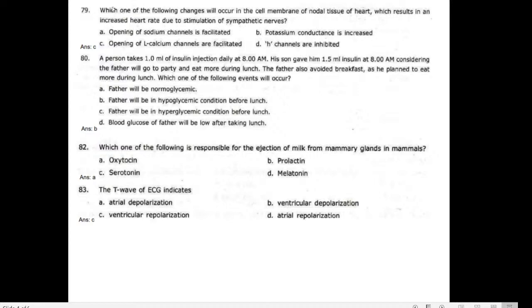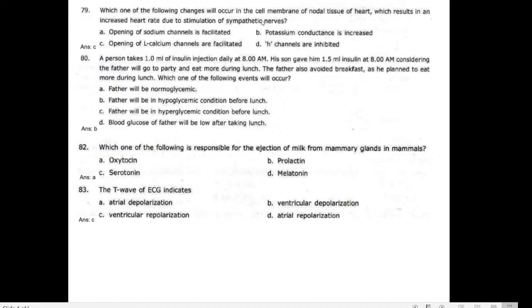The first one is the question, the second one is the statement: an increased heart rate due to the stimulation of sympathetic nerves.